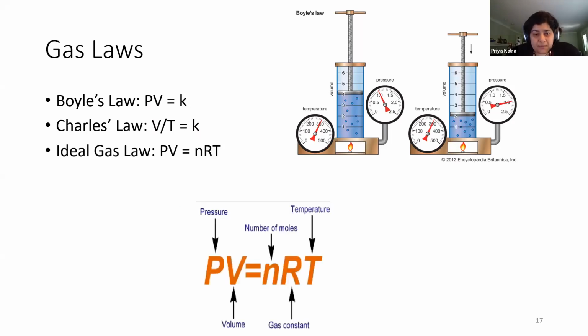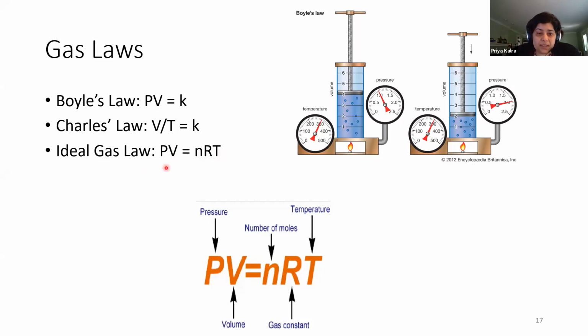But then after you learn these, you learn the ideal gas law, PV equals nRT, and you can see what each part stands for there. R here is a constant, so I wouldn't consider it contributing to the relational complexity. But here, now we have 4 different moving parts. You have to consider pressure, volume, number of moles, and temperature. So changing any one of these could change the others.